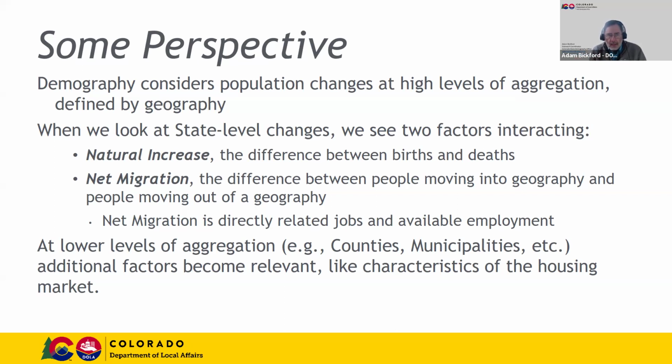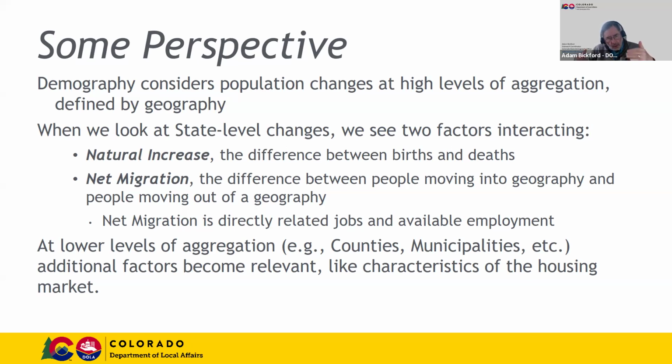So when we look at state level, which is the highest level that we look at, we see a real clear relationship between two factors creating population change. One is natural increase, which is the difference between births and deaths. And the other one is net migration, the difference between people moving in to a place and moving out. And that net migration is directly related to the availability of jobs. This is what we see.